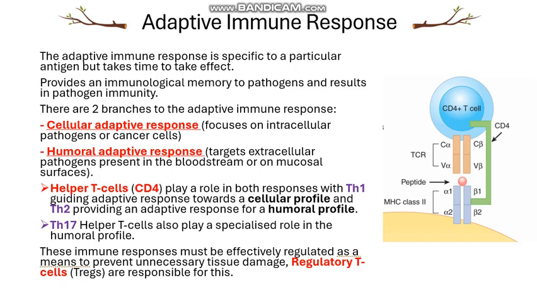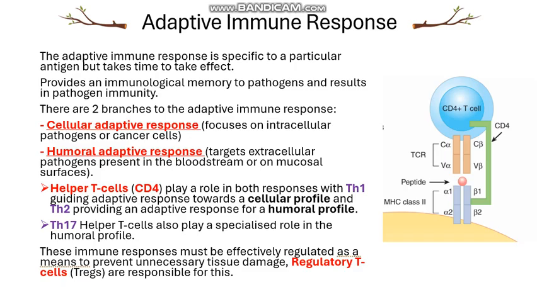So you can imagine the cellular adaptive response, because it targets stuff intracellularly, that's going to be mainly your CD8 plus cytotoxic T cells being involved there to eradicate viral pathogens, because viral pathogens tend to replicate within the cell, and then your humoral adaptive response is going to be targeting stuff like bacteria that proliferate extracellularly, like we talked about in the first video.